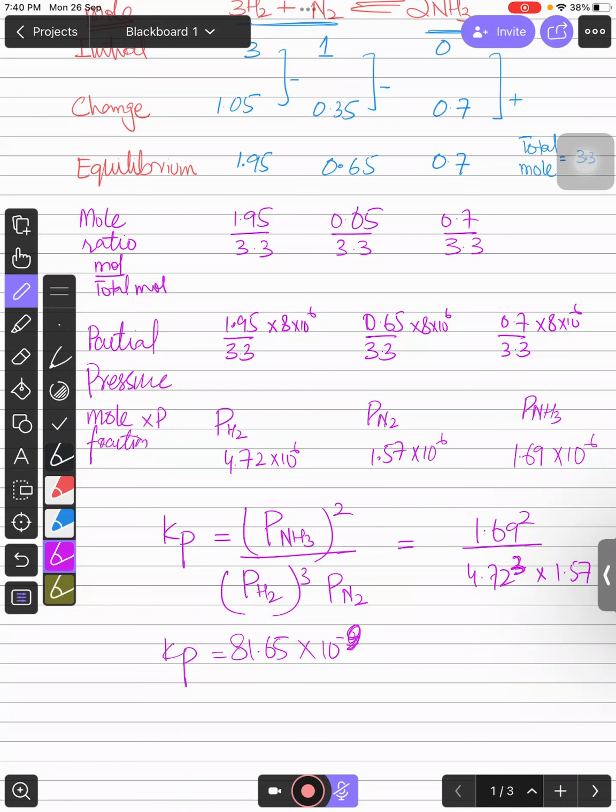Okay, so I have calculator over here, so I can do this. Ammonia is 1.69 10 raised to the power 6, and this is square.